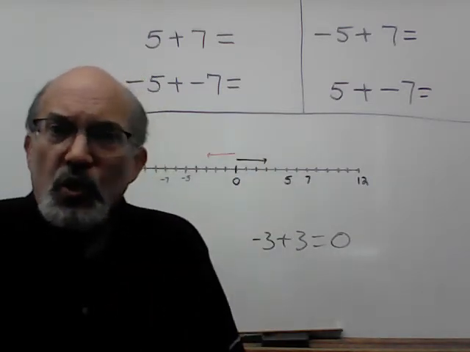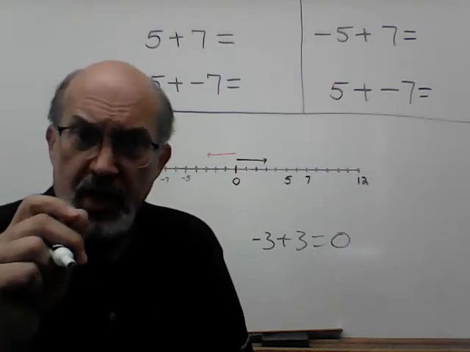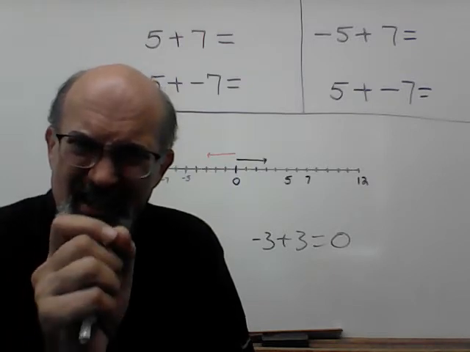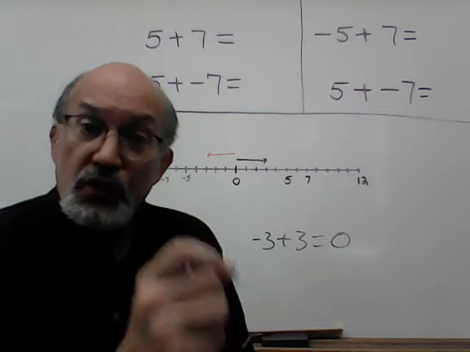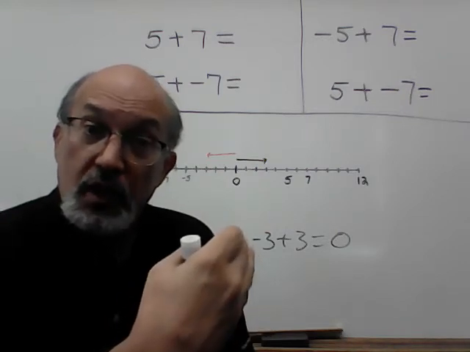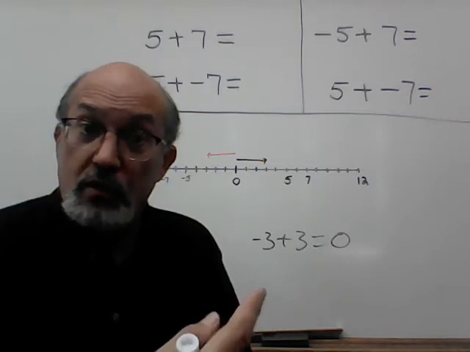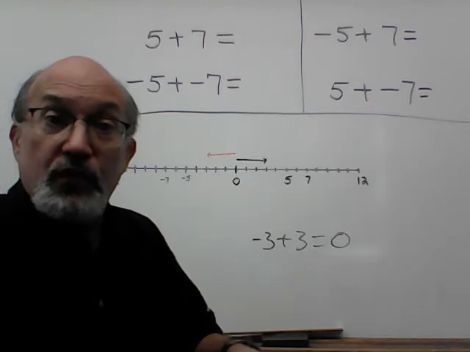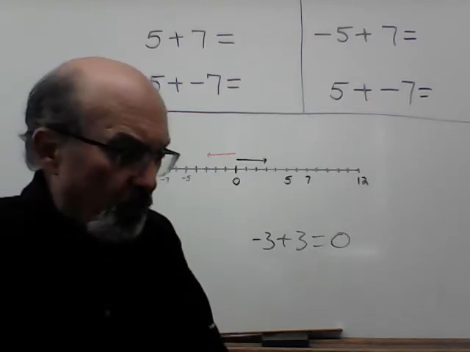And the way addition works with these vectors is we take the end point of one vector and put it on top of the start point of another. The end point is the arrow, and the start point is the other end without the arrow. So here we have the 3 pointing to the right and the -3 pointing to the left.